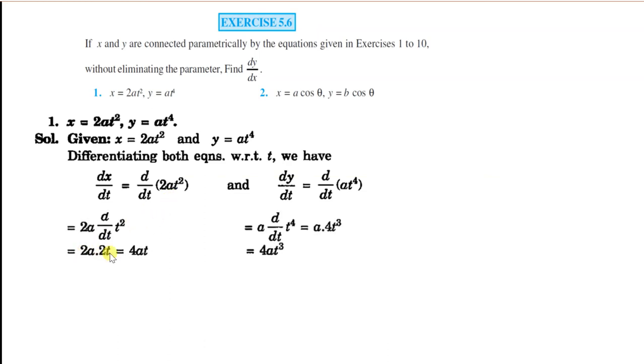So it becomes 2a multiplied by 2t, that is 4at. And similarly dy by dt becomes a multiplied by the differentiation of t raised to the power 4, which is 4t cube. Now dy by dx becomes dy by dt divided by dx by dt. So it becomes 4at cube divided by 4at, that is t square.